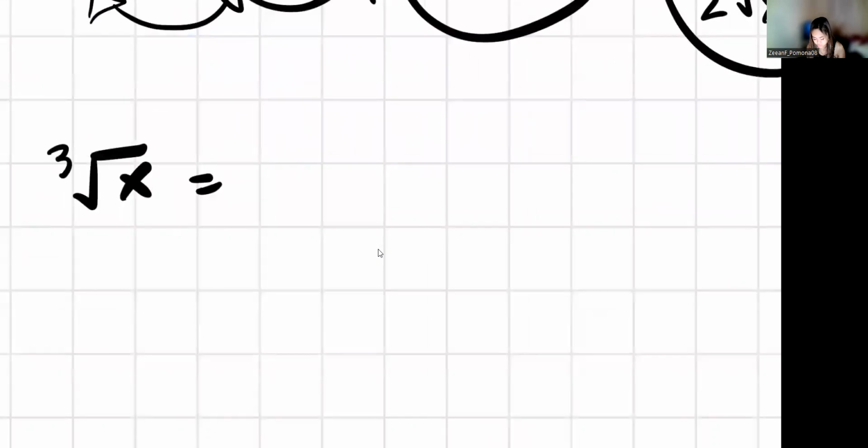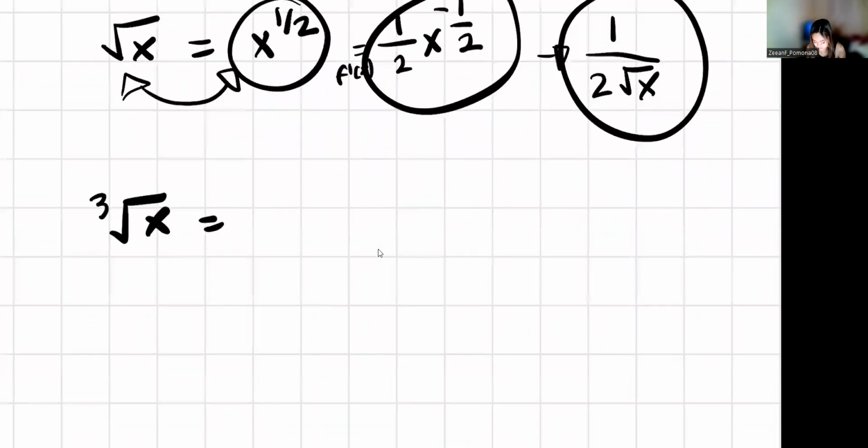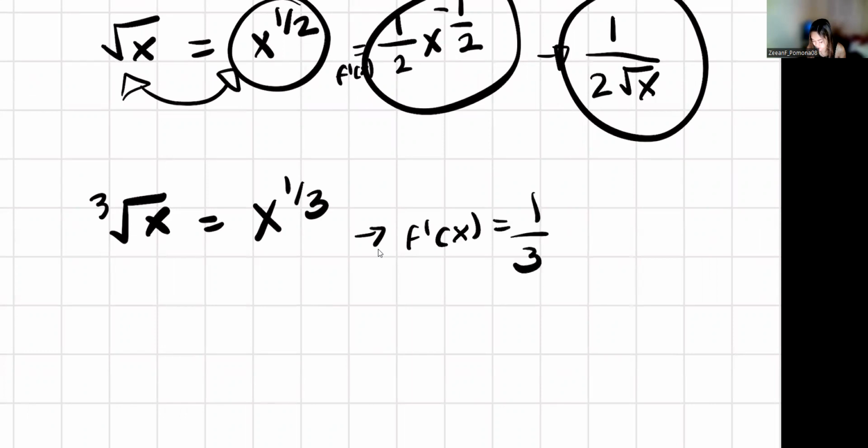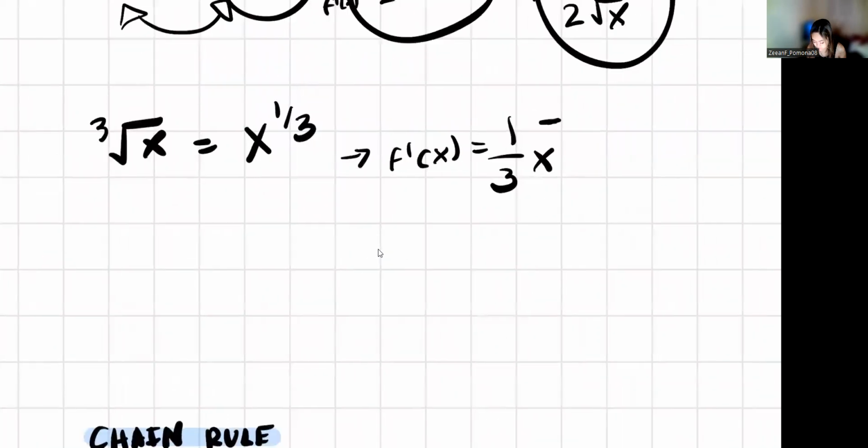Okay, now cube root. So still the same. The equivalent of cube root of x is x to the power of 1 over 3. And f prime of x would be equal to 1 over 3 times x to the power of, well, what is 1 over 3 minus 1?